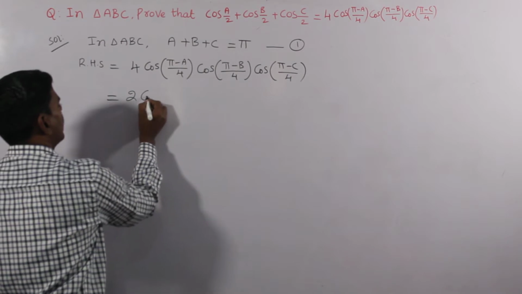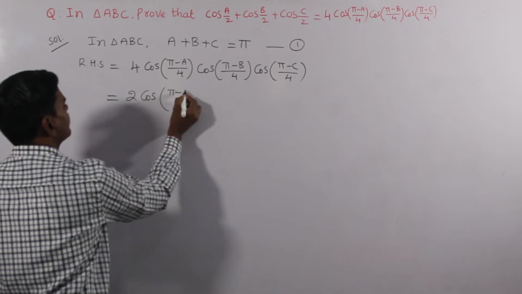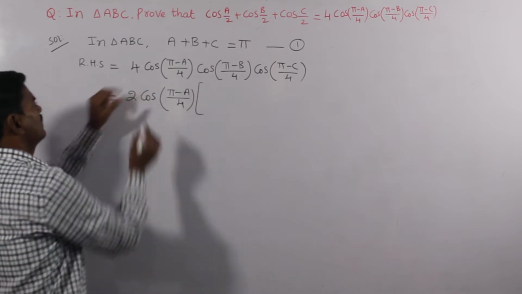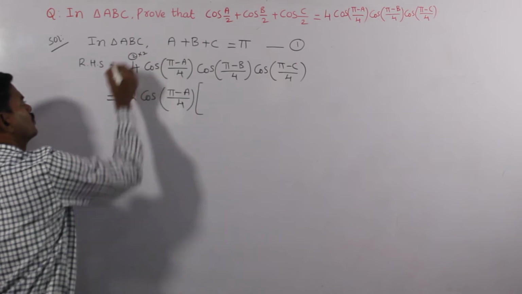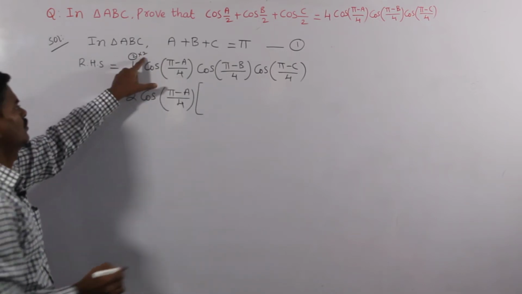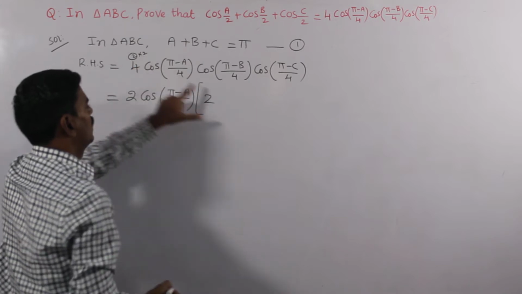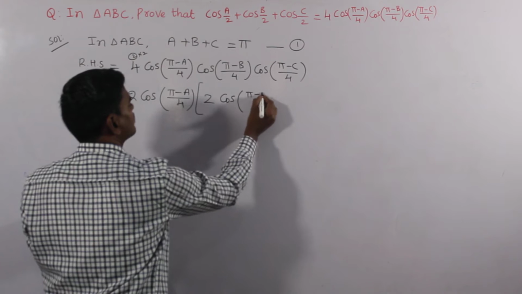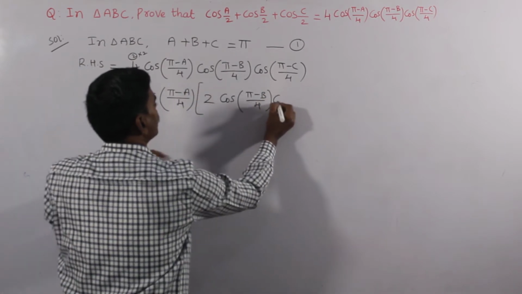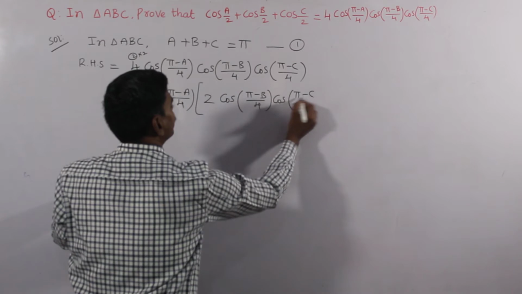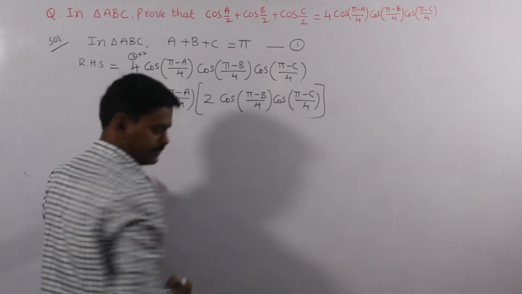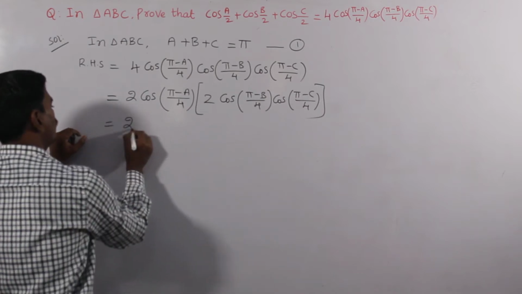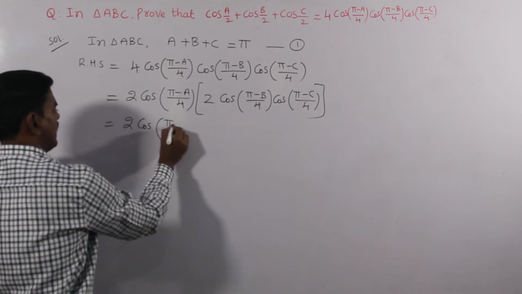Overall I would like to keep 2 cos((π − A)/4) separate, and write here 2 into cos((π − B)/4) into cos((π − C)/4) same. Now let us write 2 cos((π − A)/4) same.